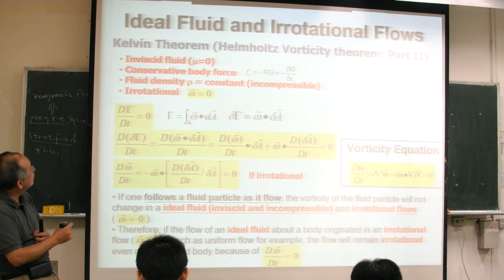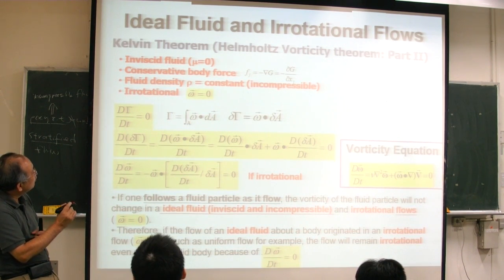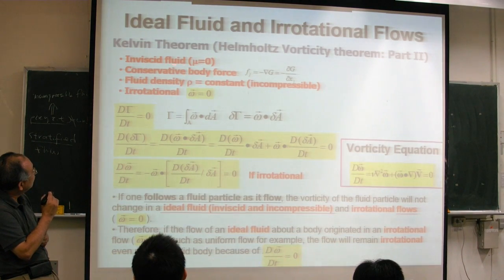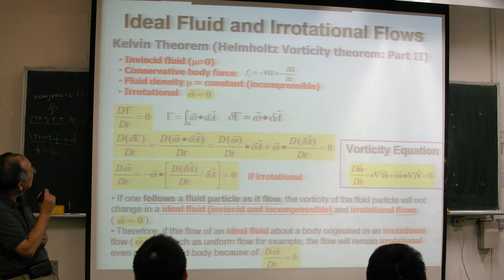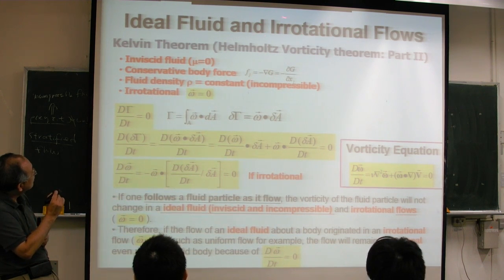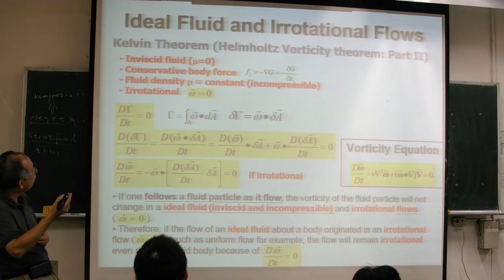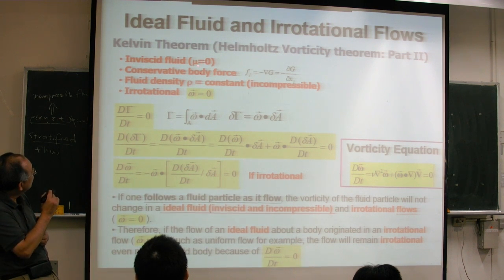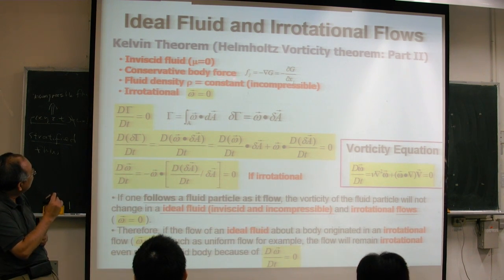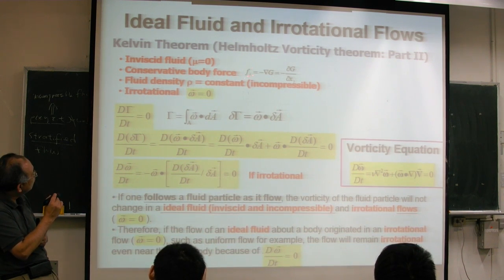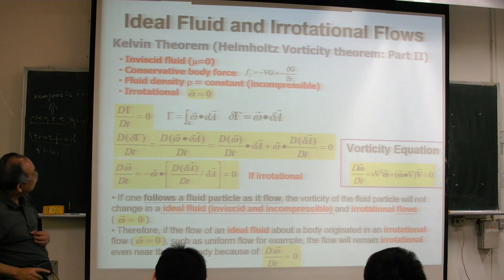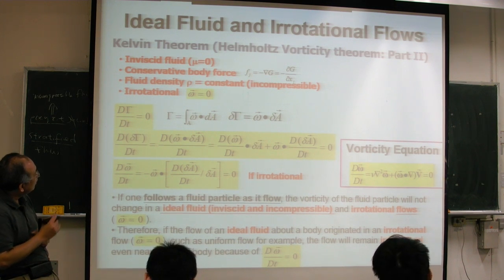Due to the Kelvin-Helmholtz theorem, from chapter 2 and chapter 3, I remember, our ideal fluid is inviscid, incompressible, right? Plus irrotational, so we have three conditions. So for the ideal fluid mu is equal to 0. And if we have a conservative body force, that means our body force can be represented as a gradient of G, where G is a scalar field.